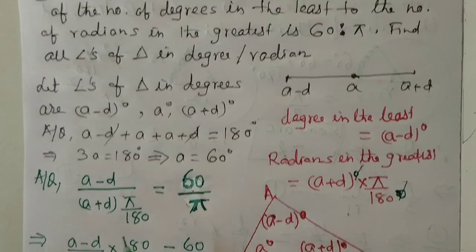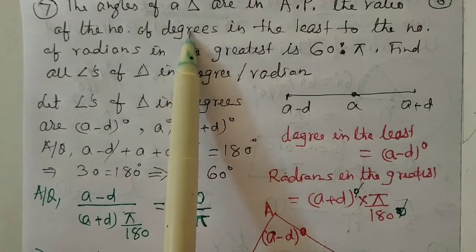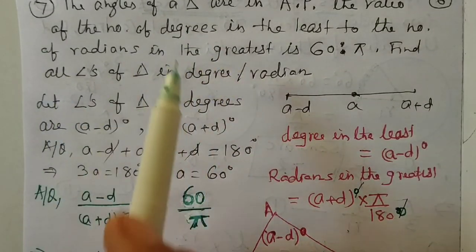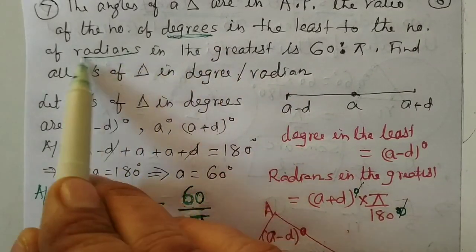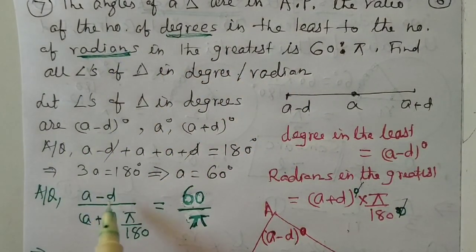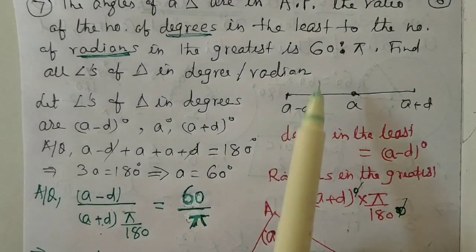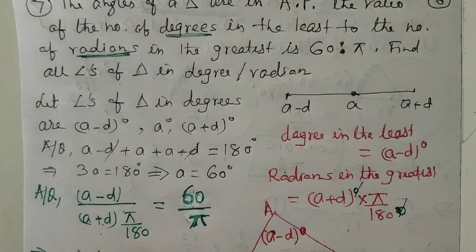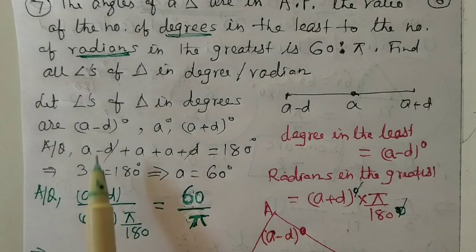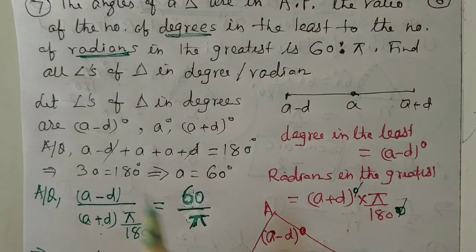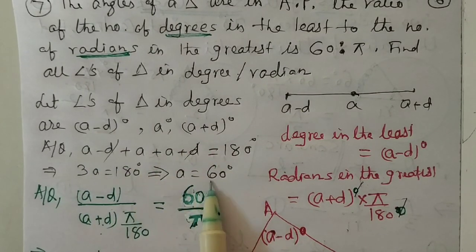And according to the question, the ratio of degree to radian, this degree by this radian, is given as 60 by pi. Now solve it by cross multiplication. First of all, you know that all three angles when added give 180 degree. So add them to get A is equal to 60, D cancelled.